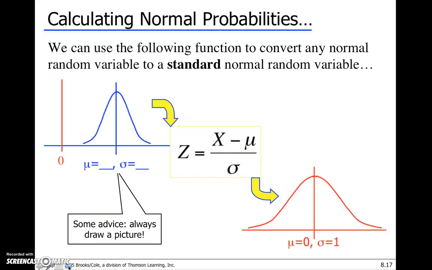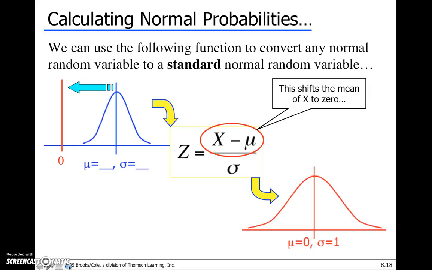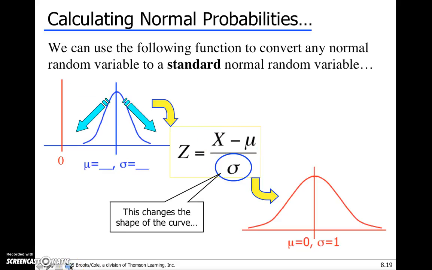That's the formula used to convert to Z values. This is it, as we just said a while ago. And we will do an example to show what this is.